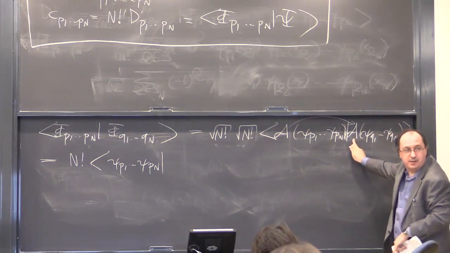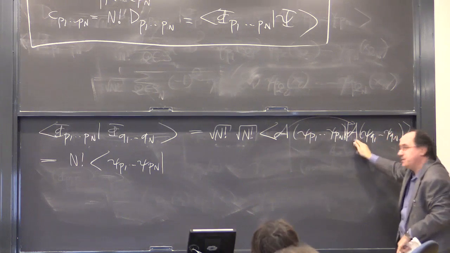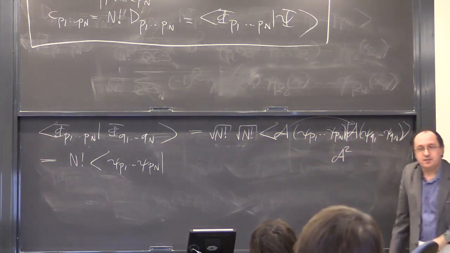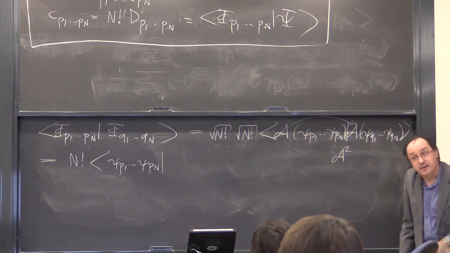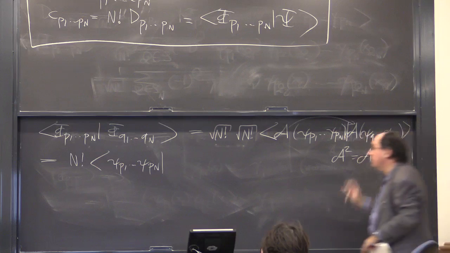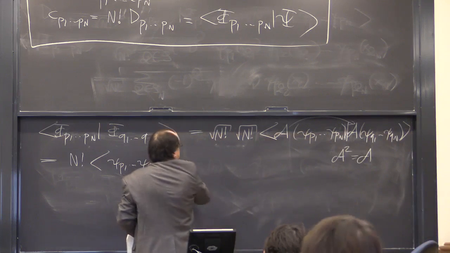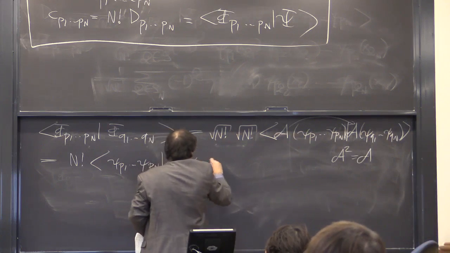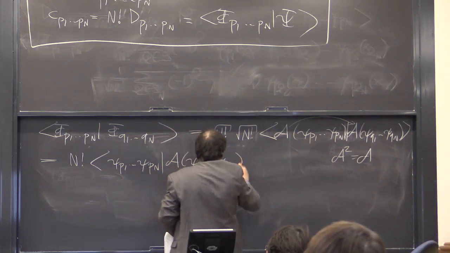If I do that, A will go here and produce A squared. What is A squared? I said in the beginning that A squared is A, because it's an idempotent operator. So I don't need two, I just need one of them. So it's going to be A acting on the product of psi q1 through psi qn.